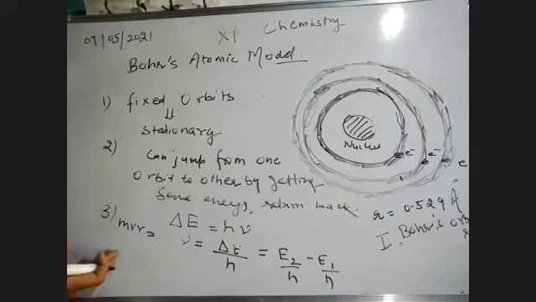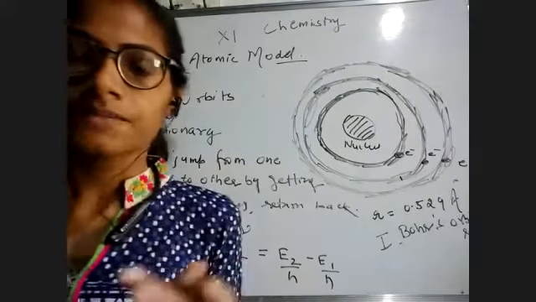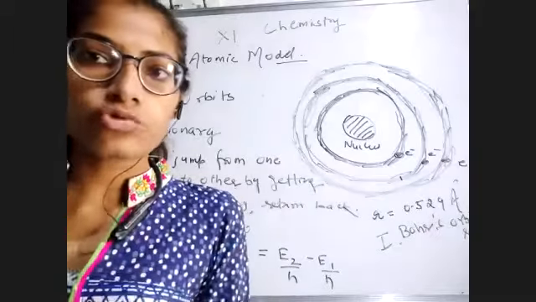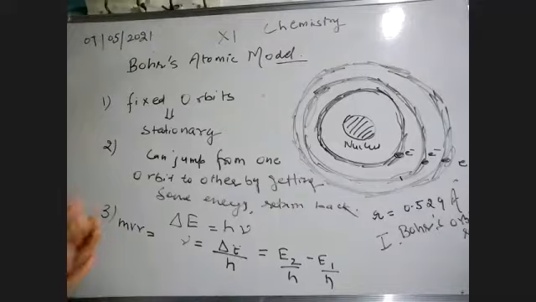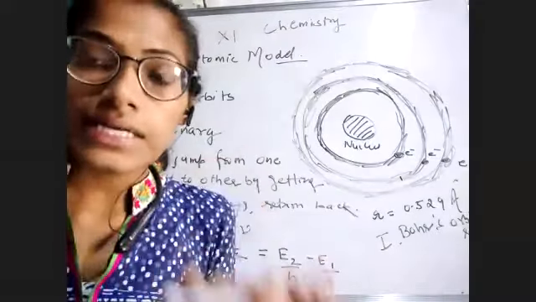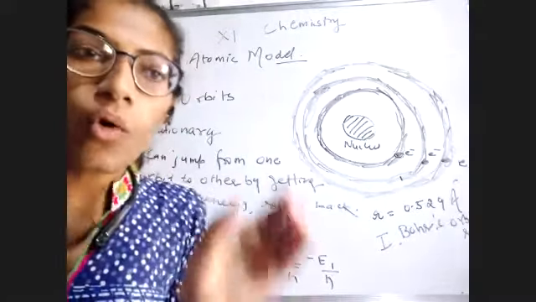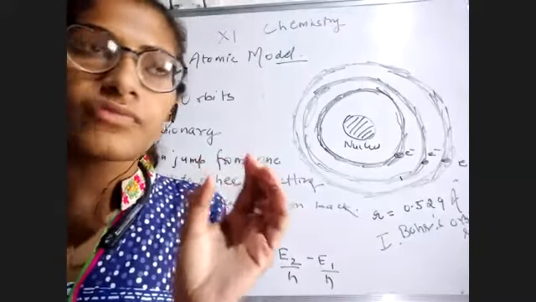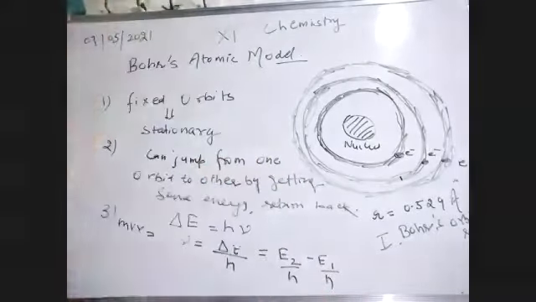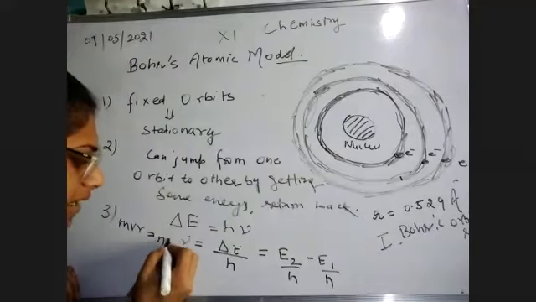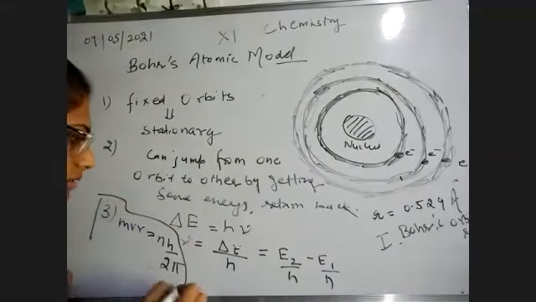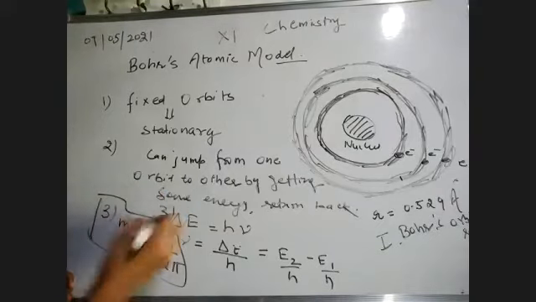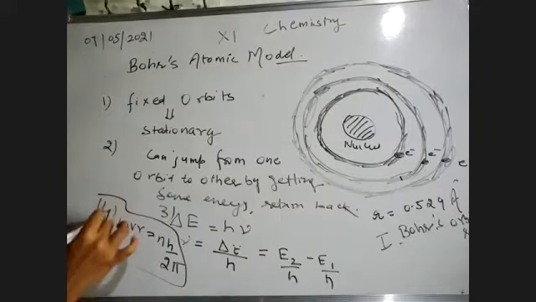I hope you have heard about angular momentum in physics. Momentum is just p equals mv, and angular momentum is denoted as mvr. And this mvr is an integral multiple of a constant, n h upon 2 pi. This one is the fourth postulate.